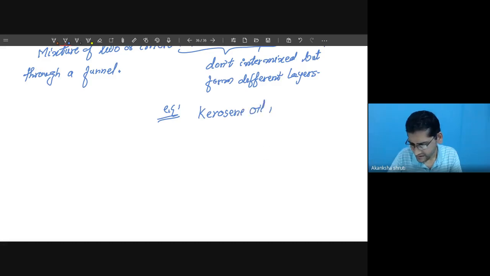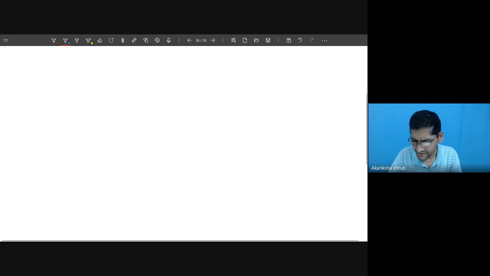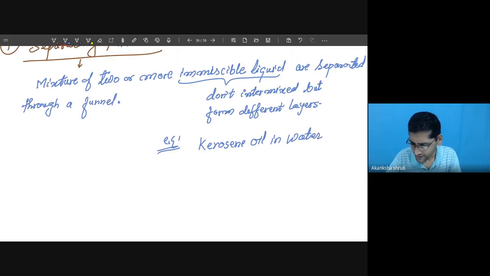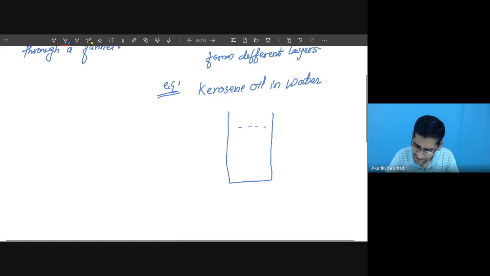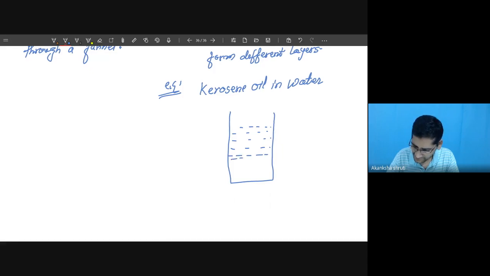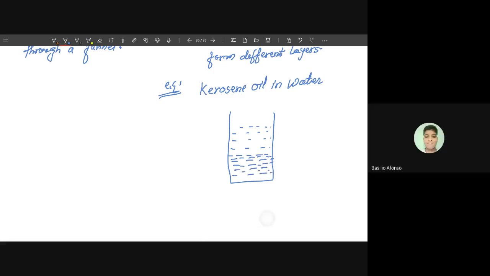So example, if we have kerosene oil in water, or it is possible to have petrol in water or even diesel in water. If you place them together, you will observe that kerosene oil is going to form one layer and water is going to form a different layer, because kerosene has less density.